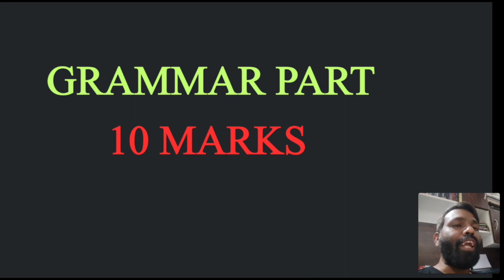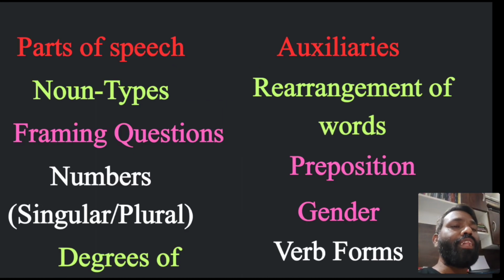What is the second part of our question paper? That is a very crucial part, the grammar part, and it carries 10 marks. What are the main elements of the grammar? The first one is parts of speech.